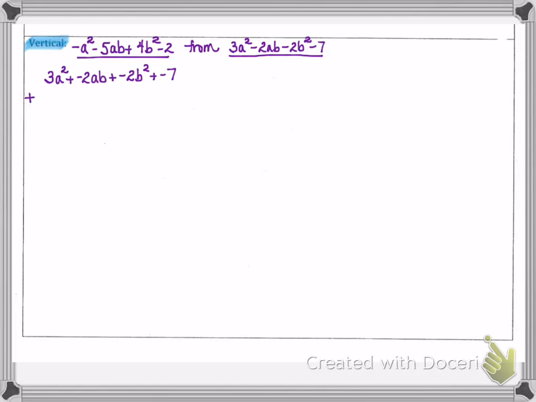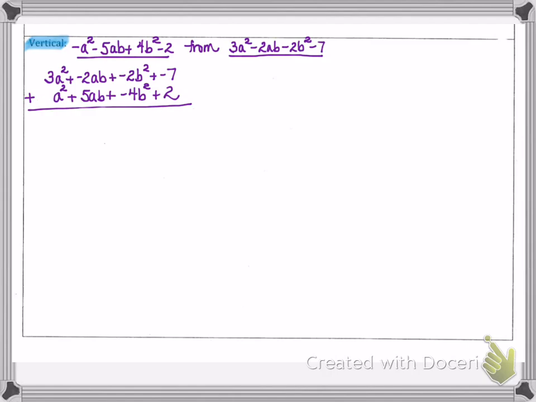So just be careful with those positives and negatives. Plus a squared plus 5ab plus -4b squared plus 2. And again, I'm getting that by rewriting a subtraction problem to addition using the work we did on the prior slide. I didn't want to redo it for you guys.